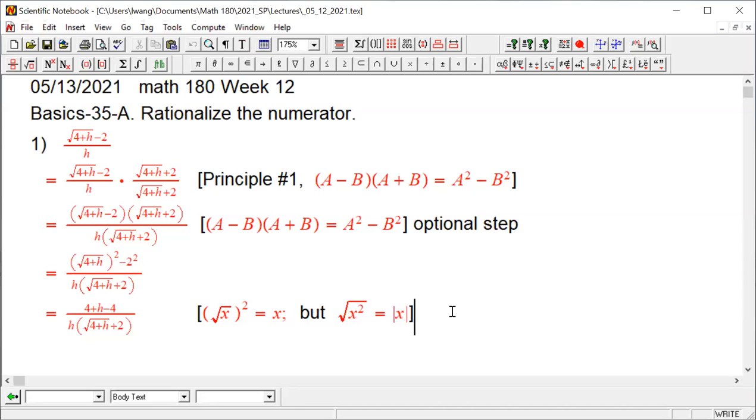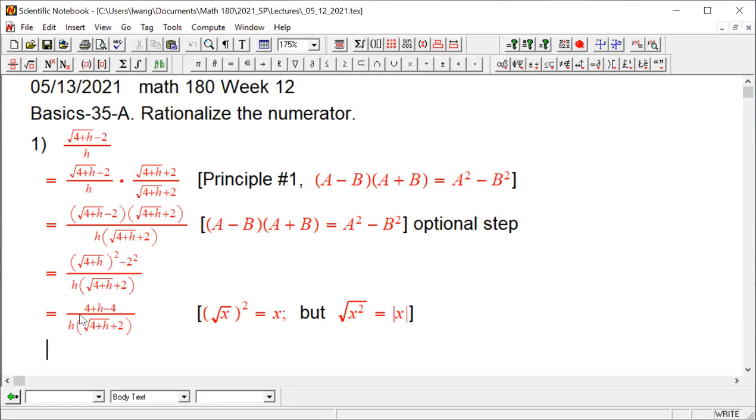Have you noticed that? Do we know the difference? So it's basically square outside or square inside. What is the difference? I'm going to explain the difference after we're done with this question, okay?